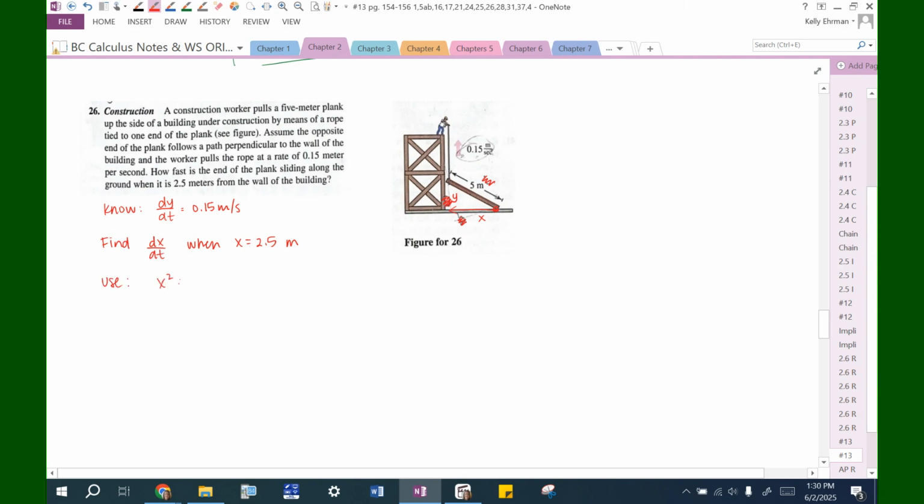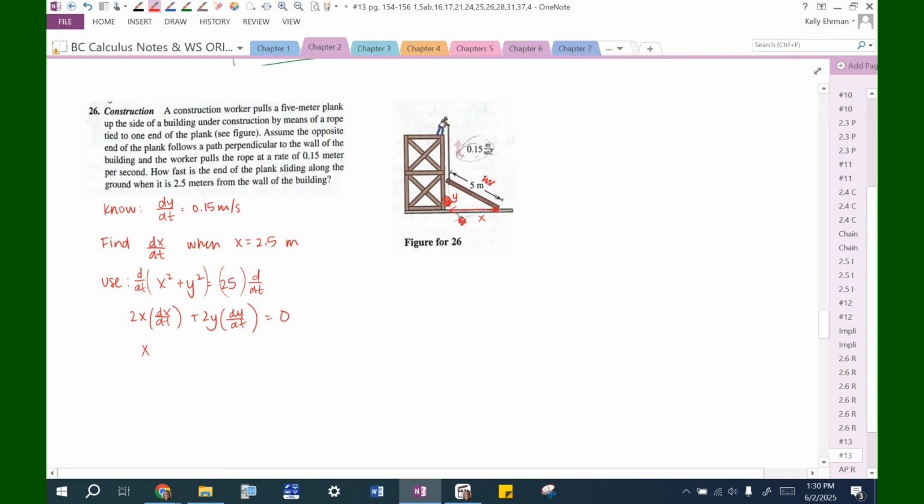So x squared plus y squared equals 5 squared, which is 25. If I take the derivative with respect to t of both sides, it's not really proper notation there, whatever. So this is 2x dx/dt plus 2y dy/dt equals, the derivative of a constant is 0.